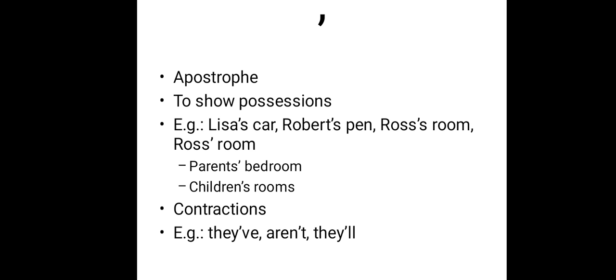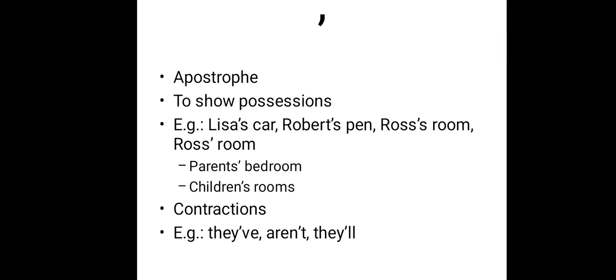If the word ends with s, it's not a mistake to use an apostrophe and s again, or just stop with the apostrophe when you're talking about a person whose name ends with s. The example given here is Ross's room, or it can be Ross' room.